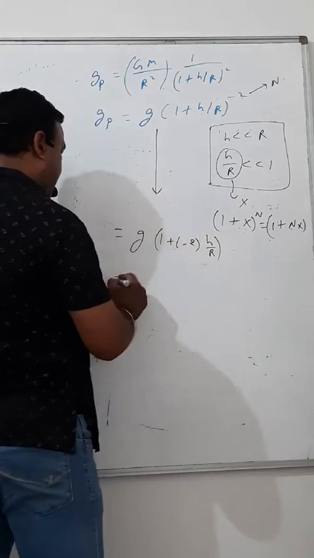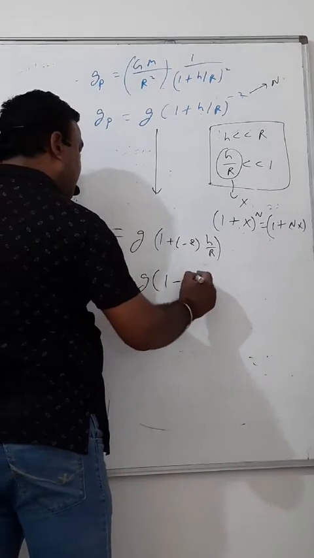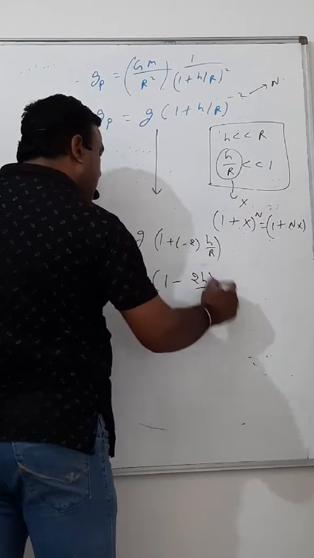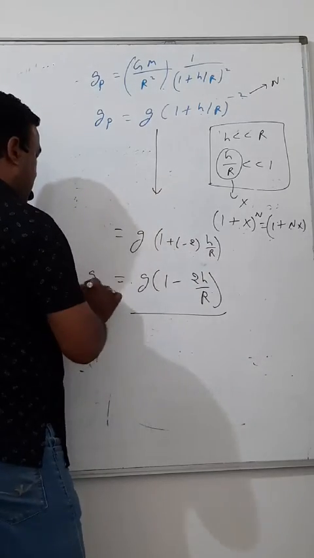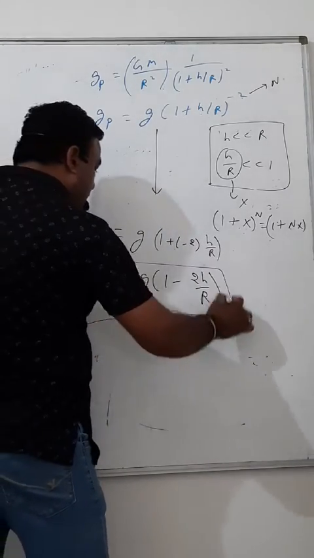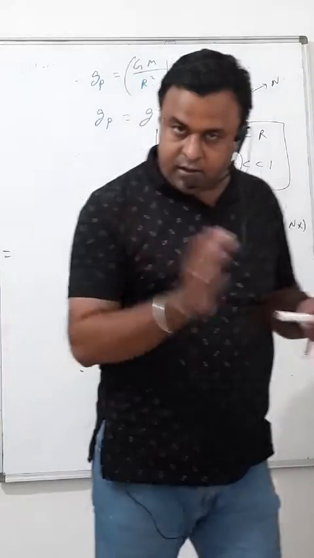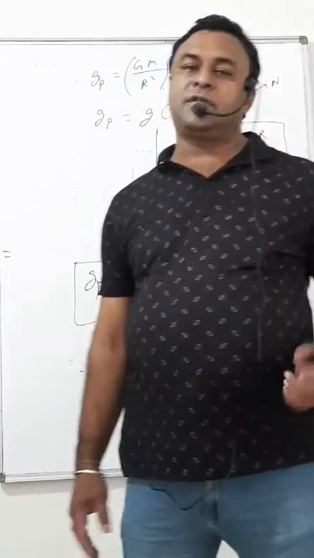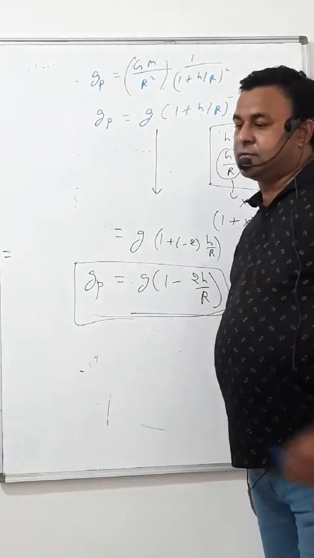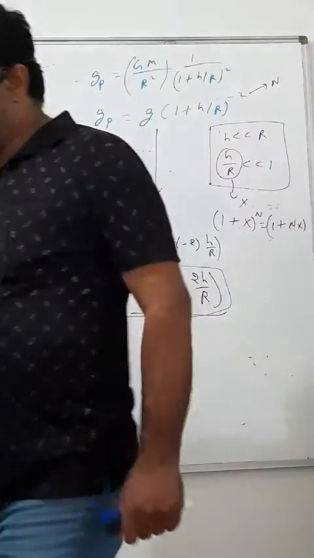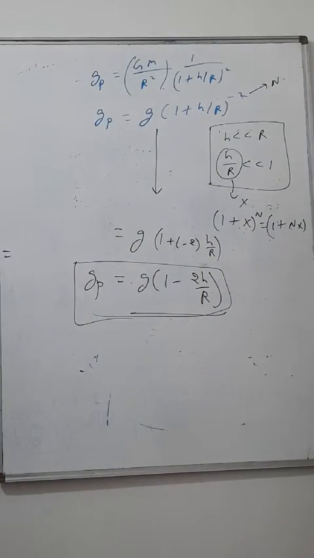So finally we have g(1 - 2h/R). Lot more examples are there to make you understand the application of binomial. These are two good examples which I am giving you.